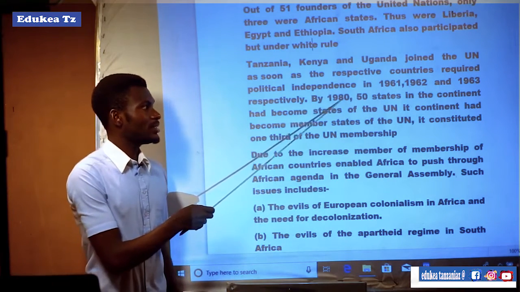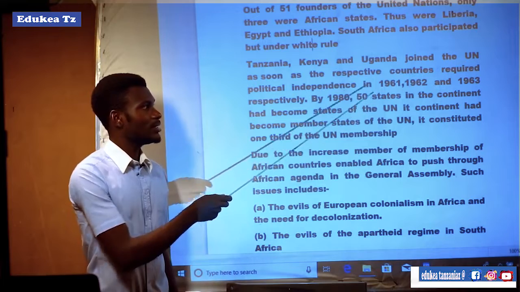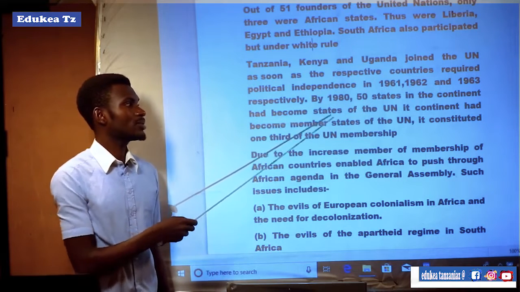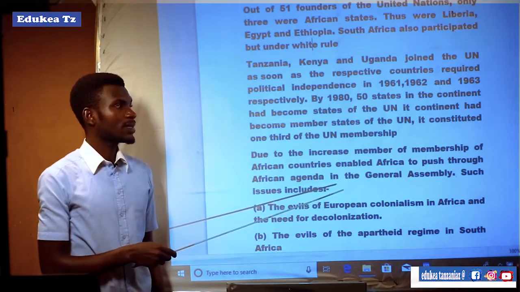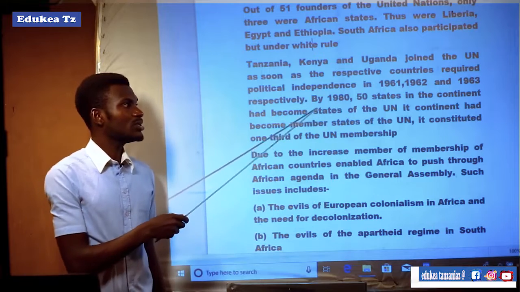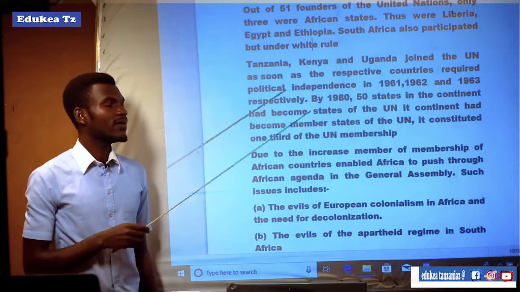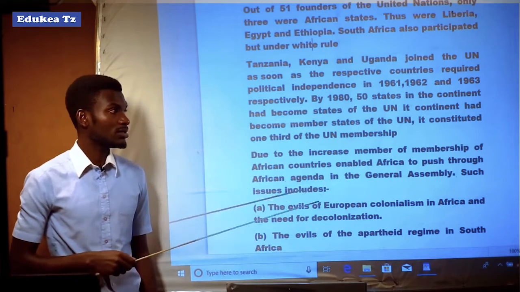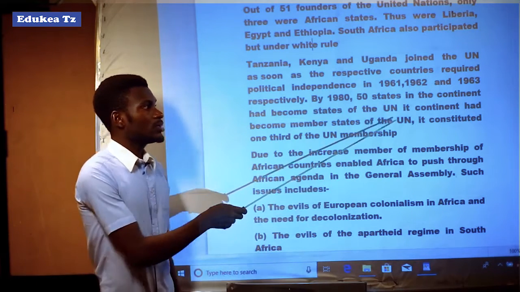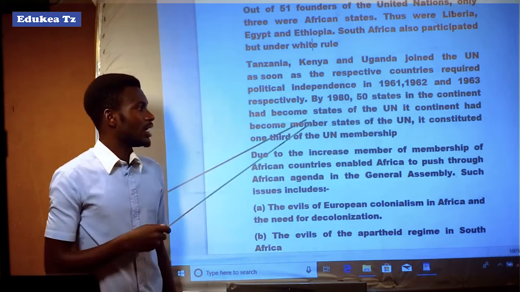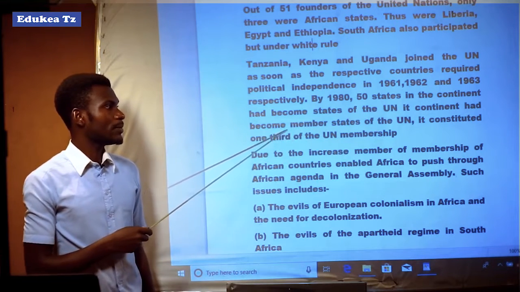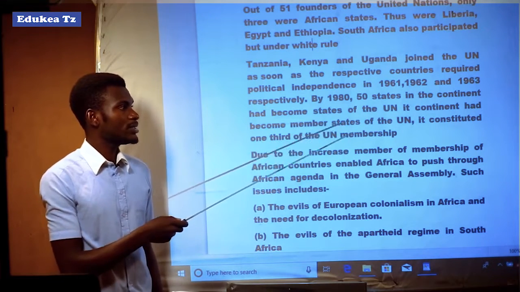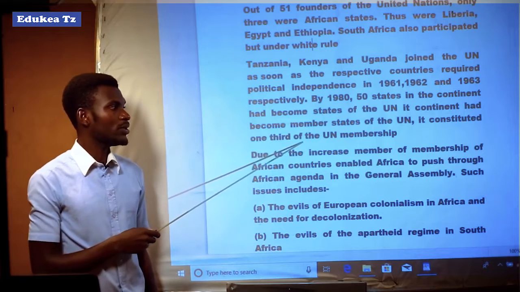By the 1980s, 50 states in the continent had become member states of the UN. It constituted 1/3 of the UN membership.